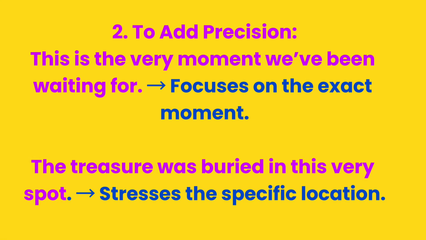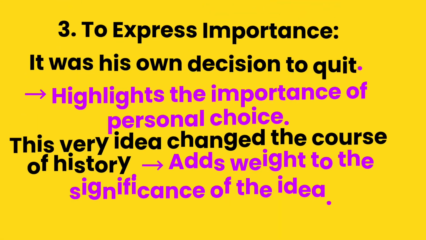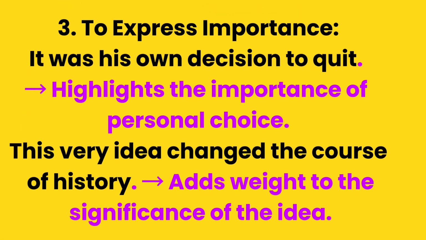Focuses on the exact moment. The treasure was buried in this very spot. Stresses the specific location. 3. To express importance. It was his own decision to quit. Highlights the importance of personal choice. This very idea changed the course of history. Adds weight to the significance of the idea.